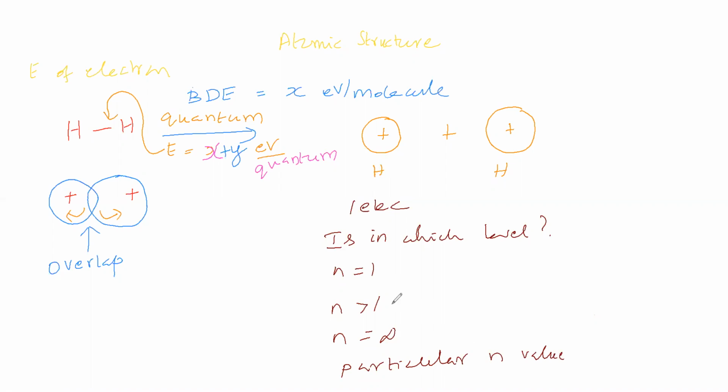So we can say n is greater than 1, because this Y electron volt of remaining energy is there. Therefore, n is greater than 1, which means 2 is possible, 3 possible, 4 possible, 5 possible, like this up to infinity possible.